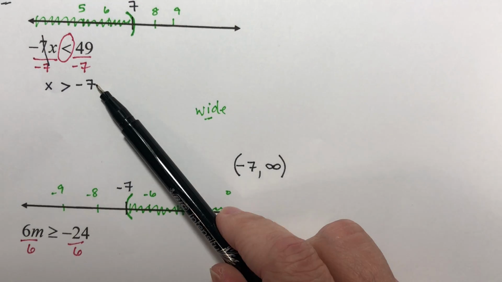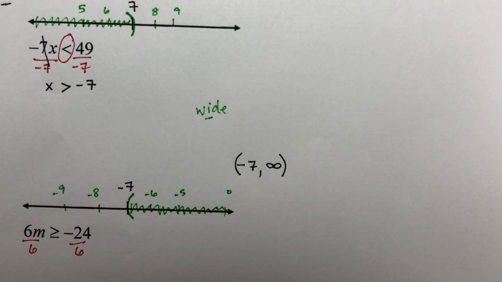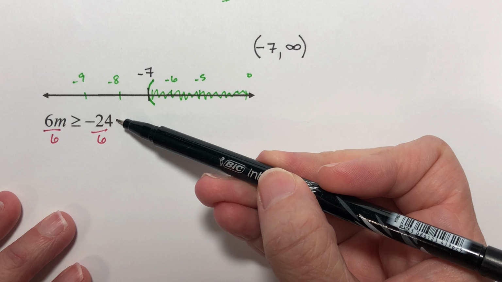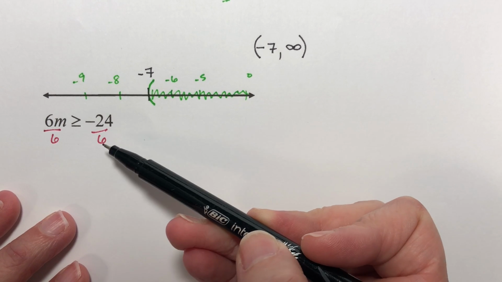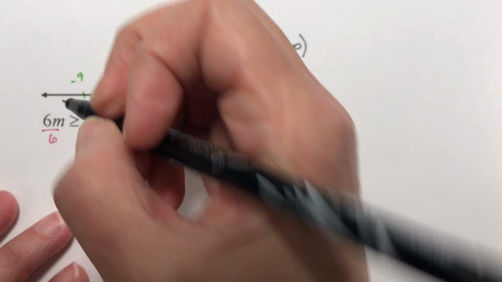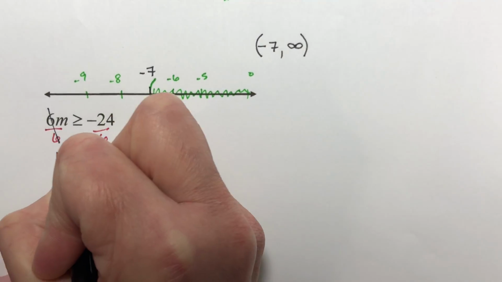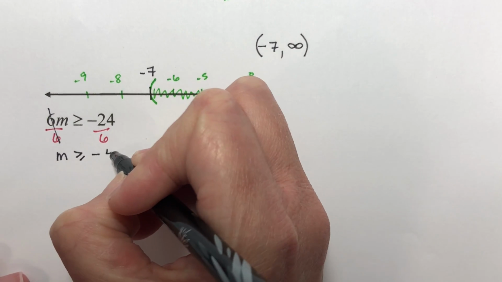We only have to worry when we are multiplying or dividing by a negative, not that the number we are dividing or multiplying is a negative. I'm dividing by a positive number, so I do not have to flip my sign. That cancels. I have m is greater than or equal to, that's going to be a -4.